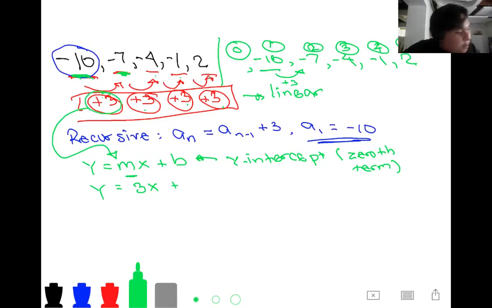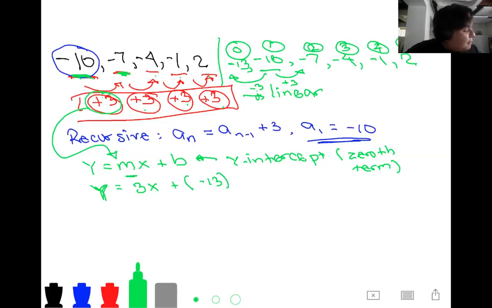So if you move back, the previous term should be 3 units smaller than the next term. So -10 minus 3 means the zeroth term is simply -13. Thus, we have our linear formula y is equal to 3x plus -13, because -13 is our y-intercept. It is our zeroth term.